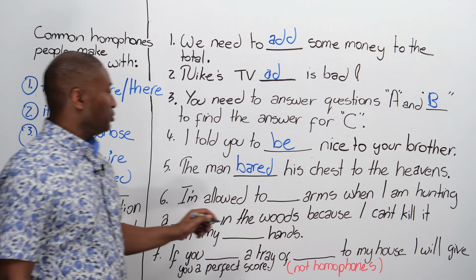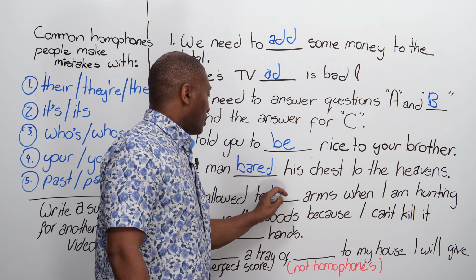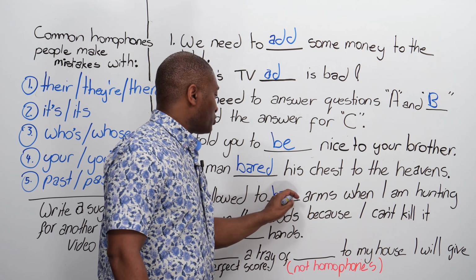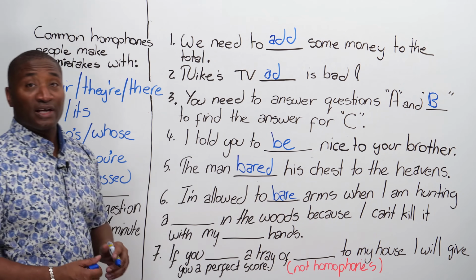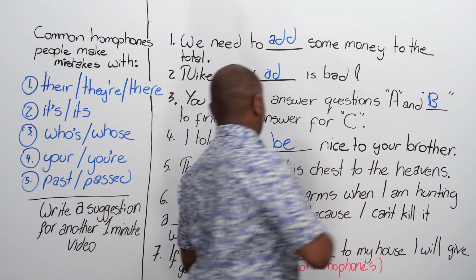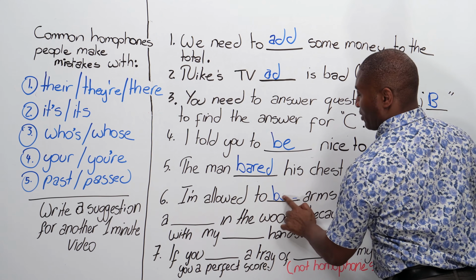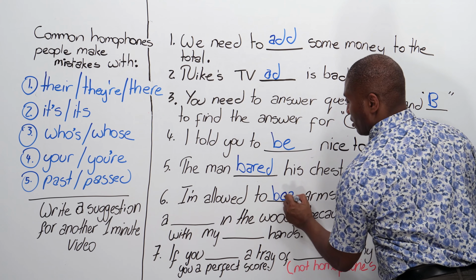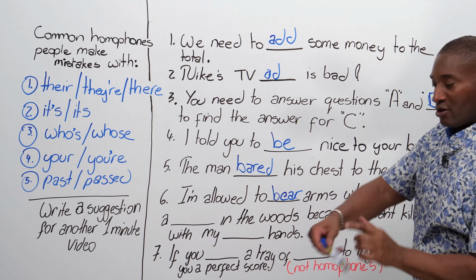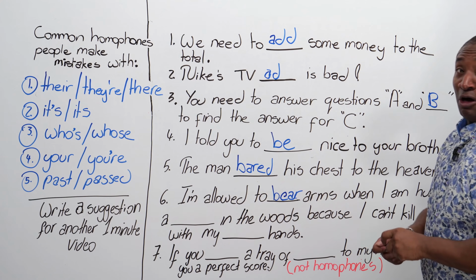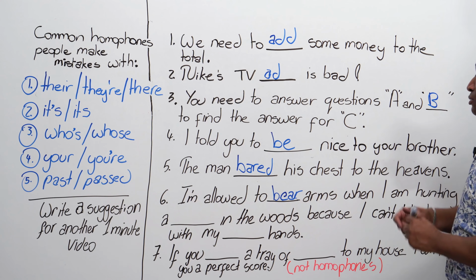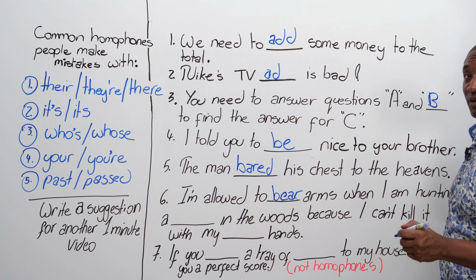In the United States of America, you're allowed to bear arms, remember? In this case, carry. Oops, sorry. Wrong bear. It's bear arms. Not naked arms. Bear arms. Okay, when I'm hunting, what? This is where it gets difficult.